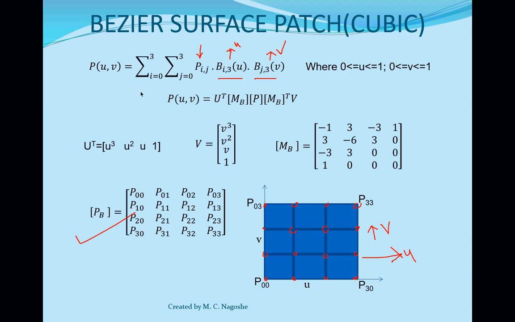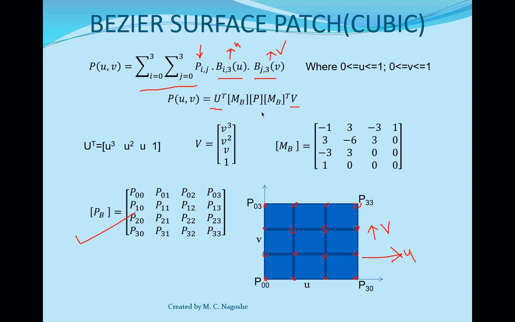here. And of course there will be two summations. For one direction i will vary, and in the other direction j will vary. So u transpose means u in one direction, and we have v in another direction.